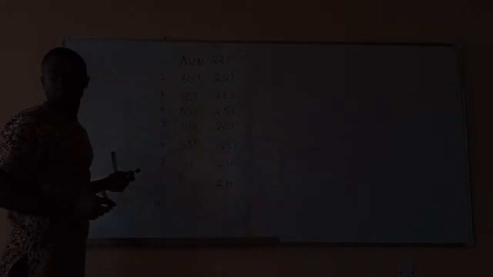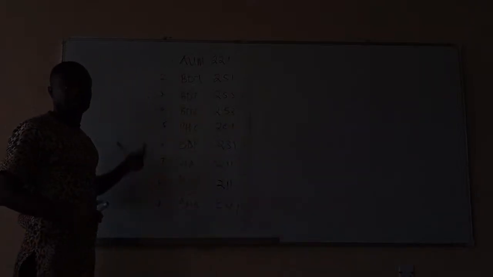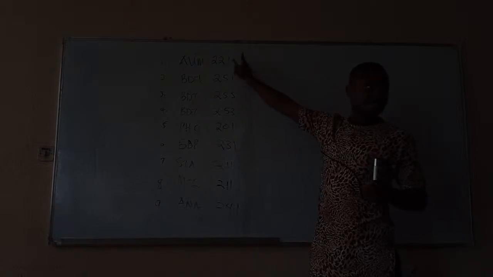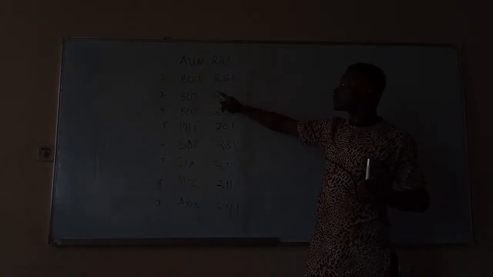You're not seeing what? Good, anatomy. 241. Okay. These are the courses for this semester. AM 221 is actions and uses of medicines. I'm handling this one.